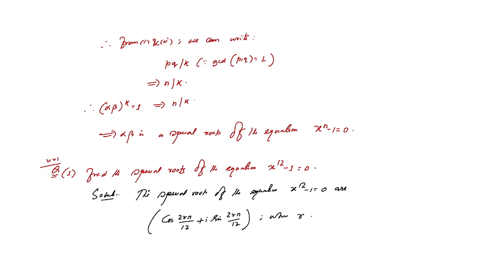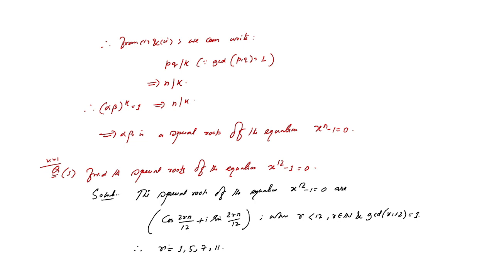Where r is a natural number less than 12, and GCD of r and 12 is 1. So therefore, r is less than n and prime to n. That means r is less than 12 and prime to 12. So we will think of the integers less than 12 and prime to 12. These are 1, 5, 7 and 11.